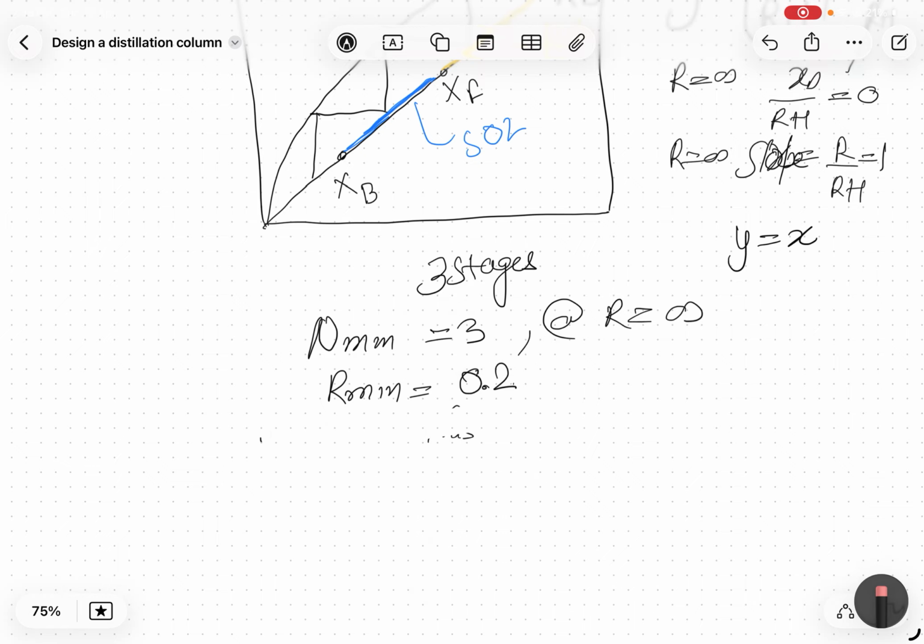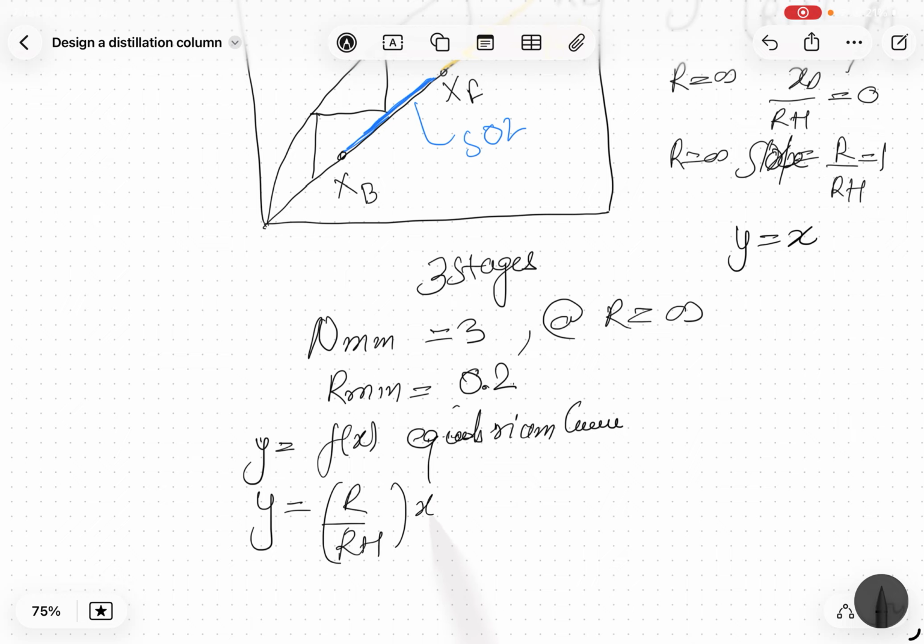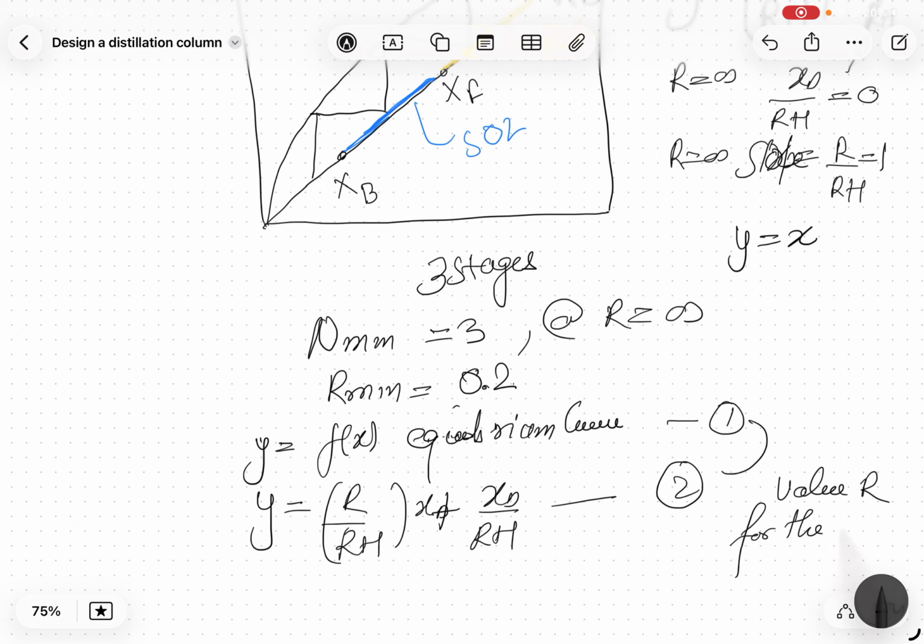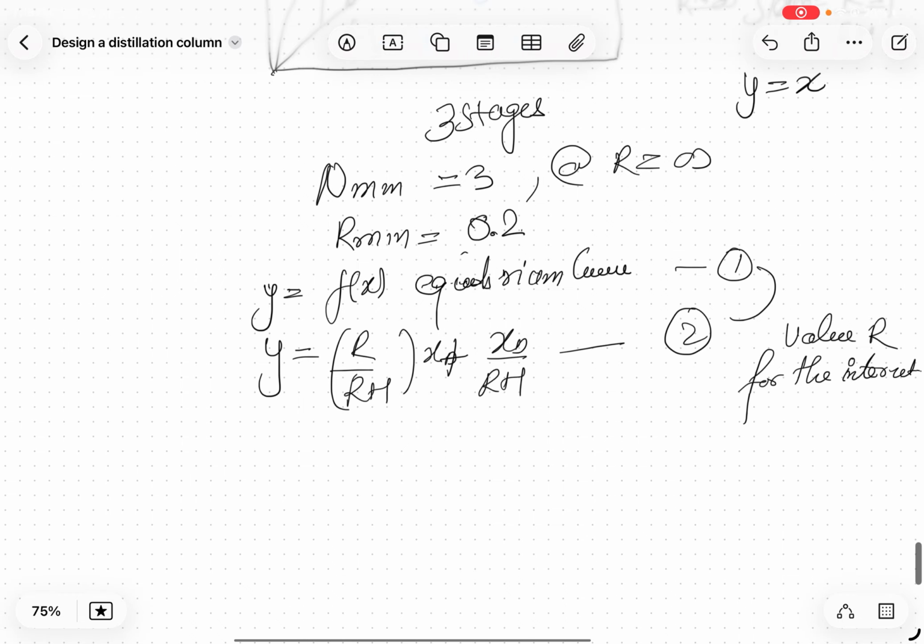This is a mathematical problem. You know y as a function of x for the equilibrium curve, and y = R/(R+1) x + xD/(R+1) for the operating line. Find the value of R for the intersection of these two.